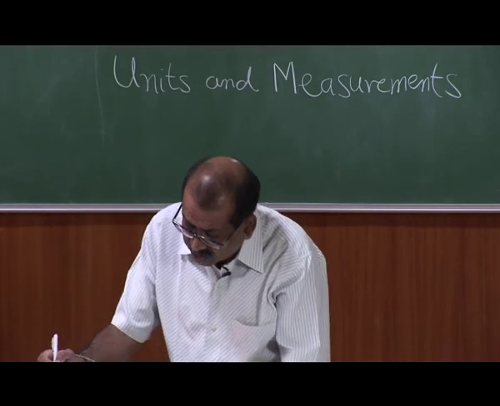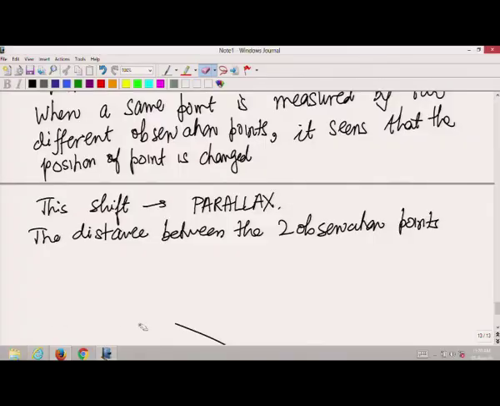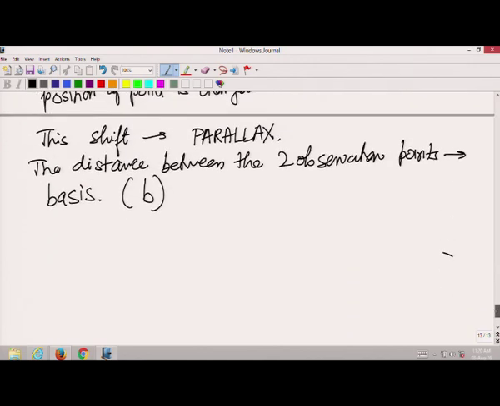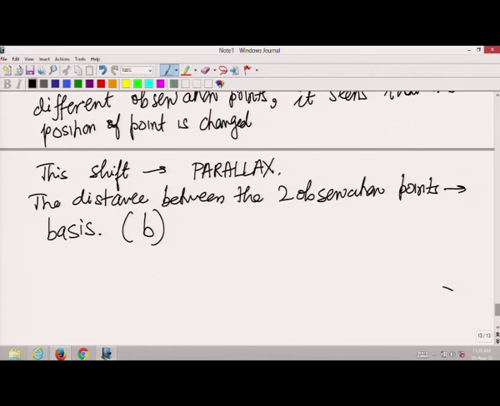This distance between the two observation points which is known to us is called the basis. Typically for the basis we use the symbol B.